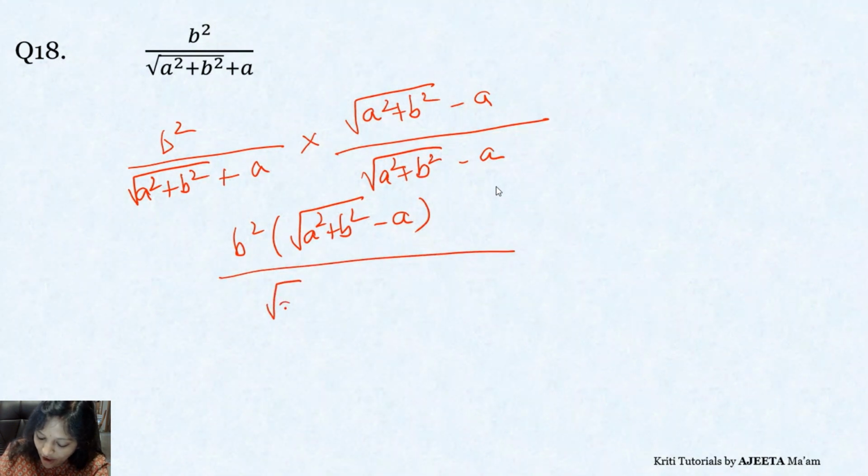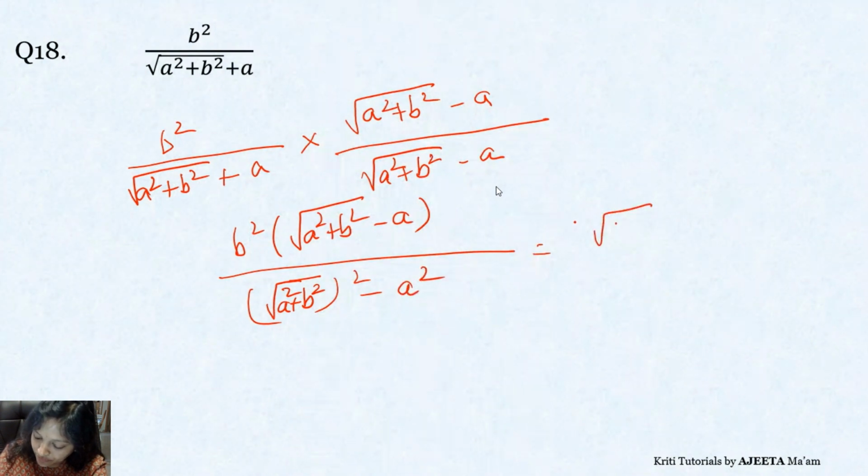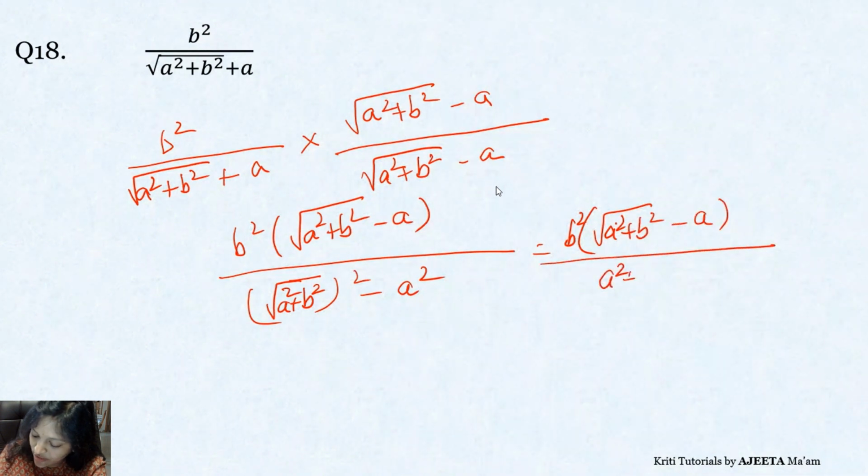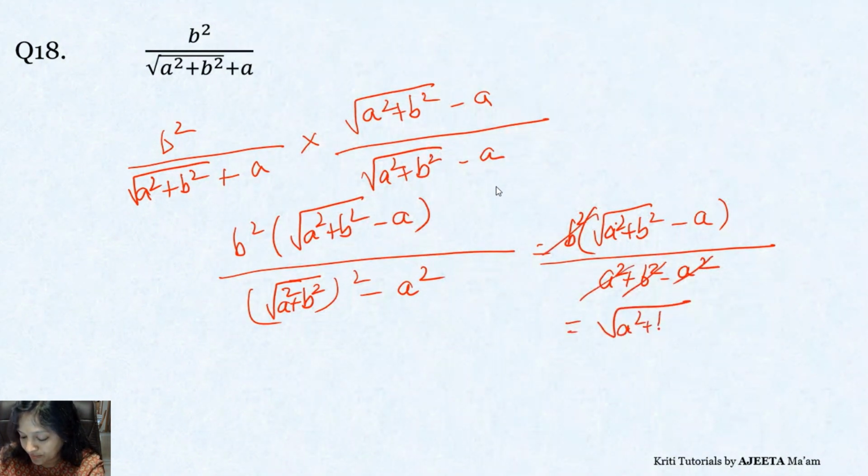Let's see what we get after applying the identity here. Now here we get a square plus b square minus a square. So b square cancels out. So this is your answer. So be confident and move ahead. That is what we always say for maths, and practice makes you that.